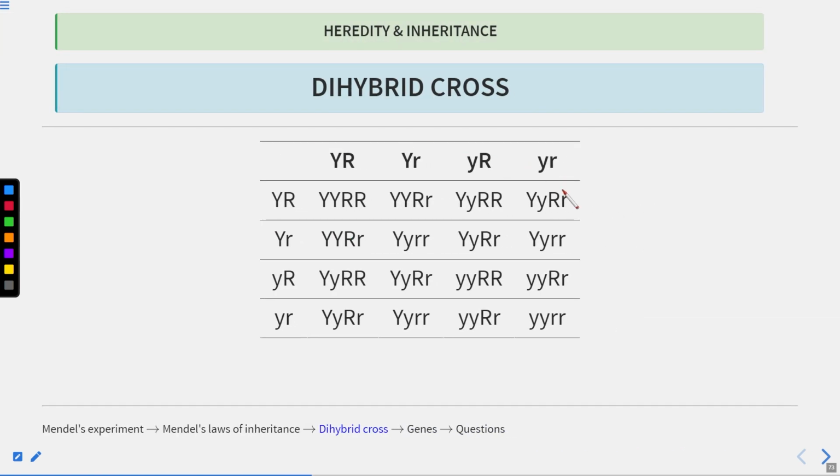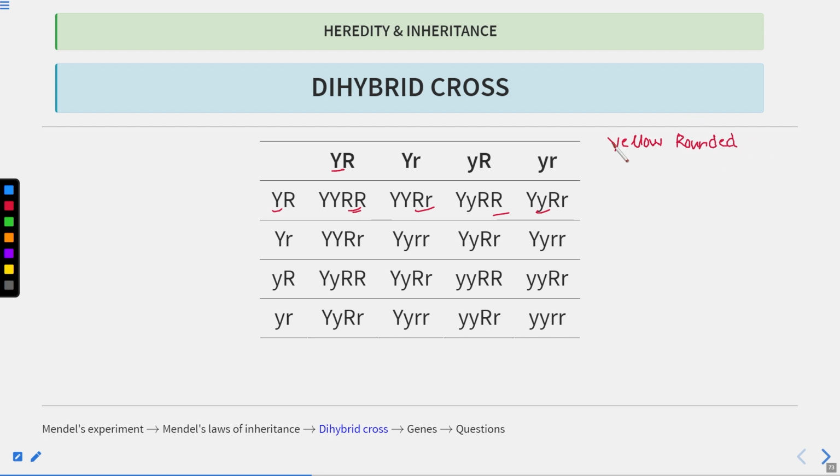Now, if you make a Punnett square, from the Punnett square you can find out the genotypes of the F2 progeny. Here you can see capital Y, capital Y, capital R, capital R. So these are all the phenotypes that you get. Now the ratio was 9:3:3:1. So let's first talk about the yellow round seed.